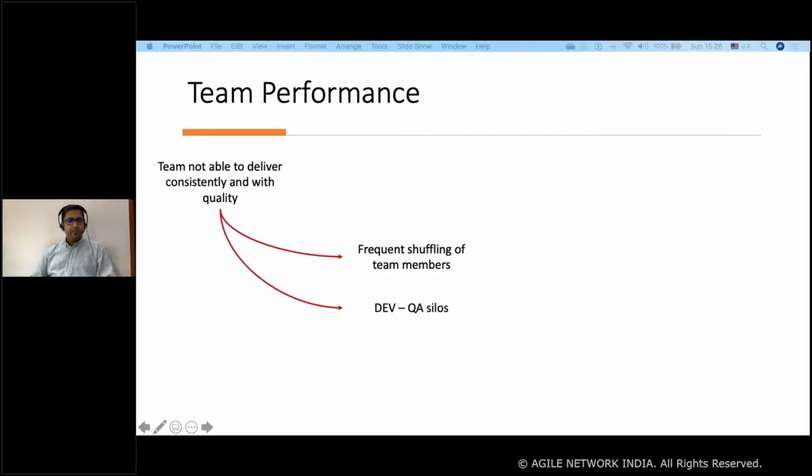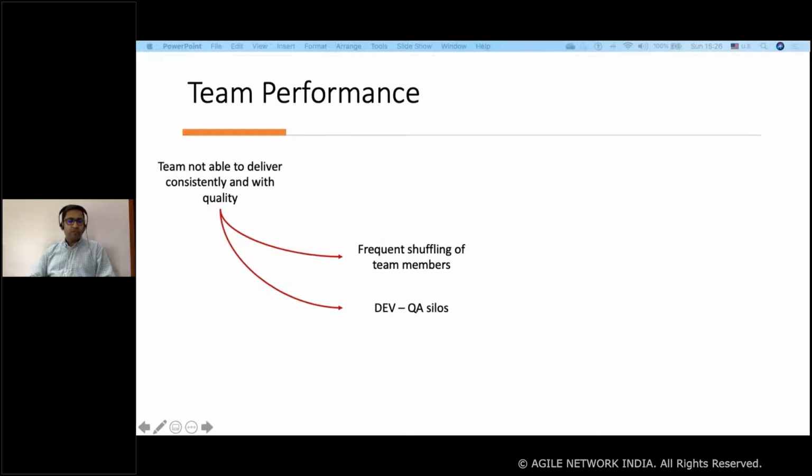The second was dev QA silos. The dev team was focusing more on dev completion, because the way the organization was moving, it was falling back to the traditional way, right? And dev was focusing more on dev completion.